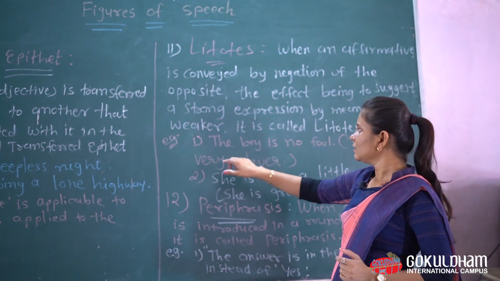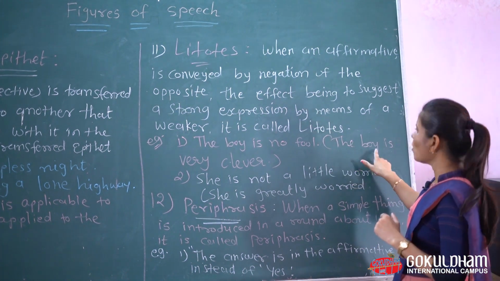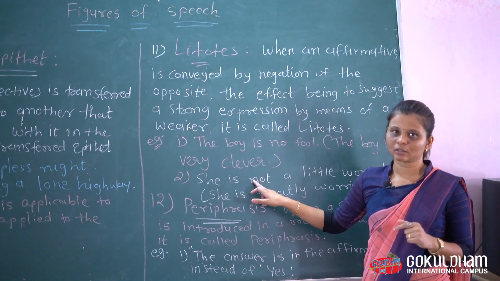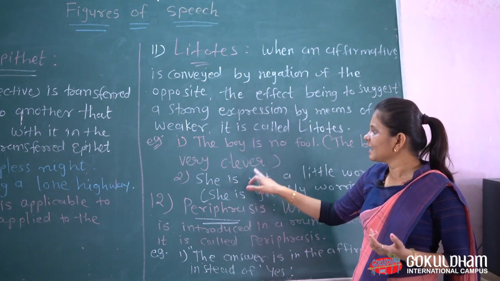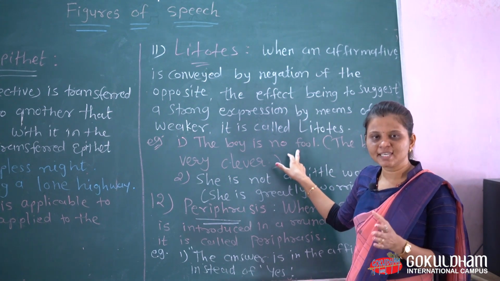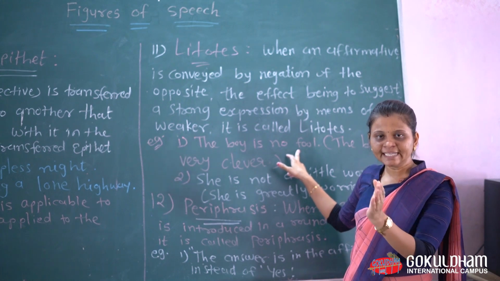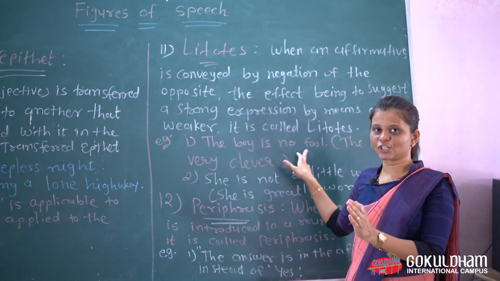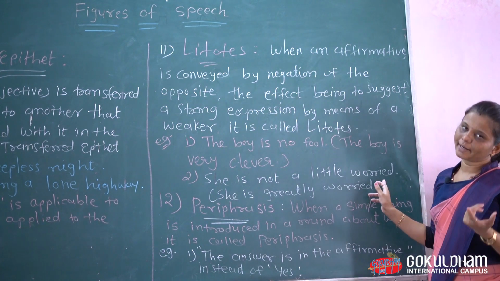Look at the example. The boy is no fool. It means the boy is very clever. In place of this, they show here a negative, no fool. This shows us that the boy is clever. So they show affirmative by using negation. She is not a little worried.